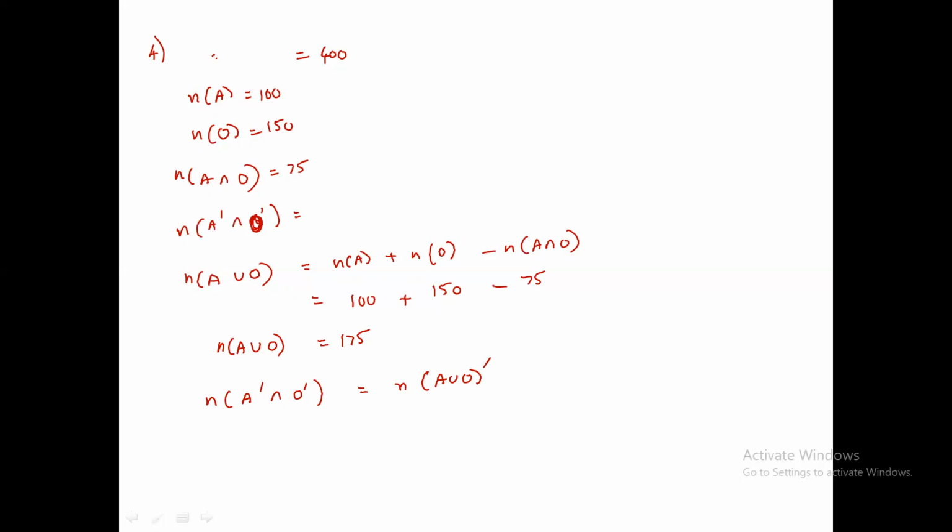That means from the total, what is the universal set? From universal set N of U, you have to subtract N of A union O. N of U is 400. N of A union O is 175.